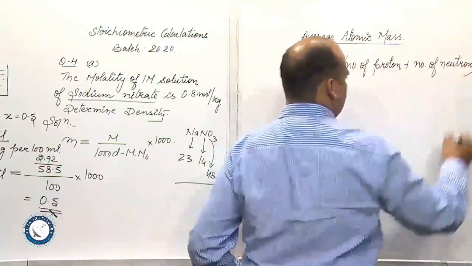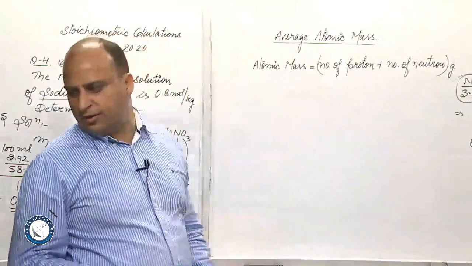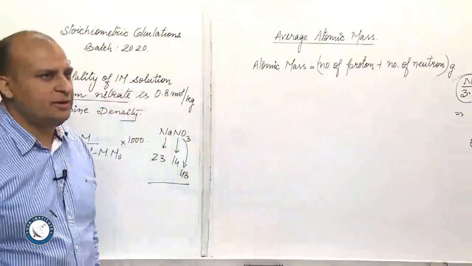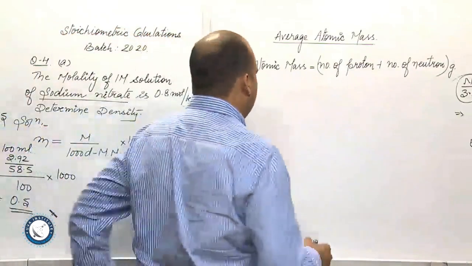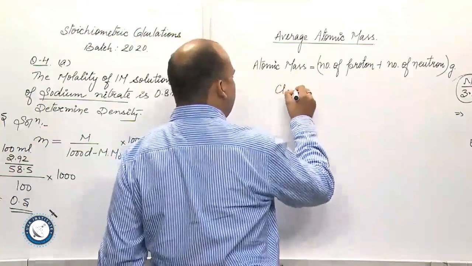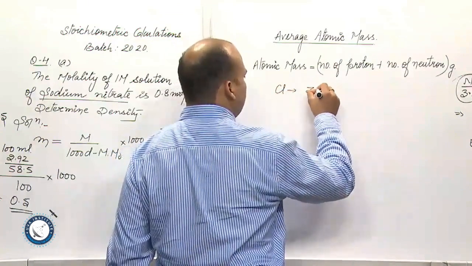In grams. Fine, this is how we write. So, if I talk about chlorine, the mass is 35.5.